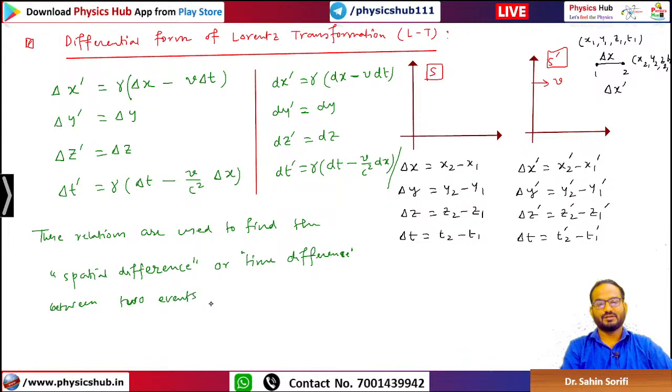Events, you have understood, right? An event is any point in the space-time coordinate system. In the space-time coordinate system, we have spatial coordinates x, y, z, and time coordinate t.